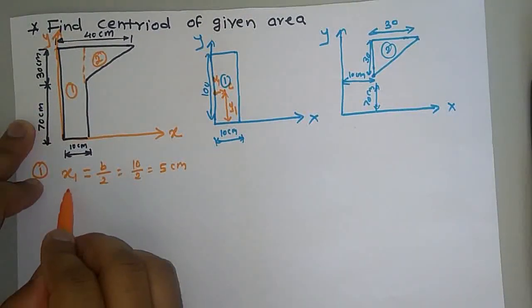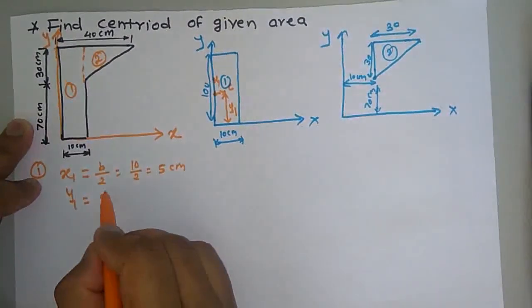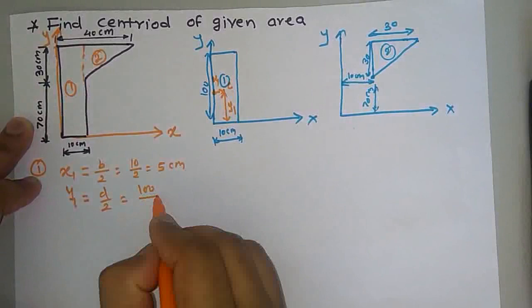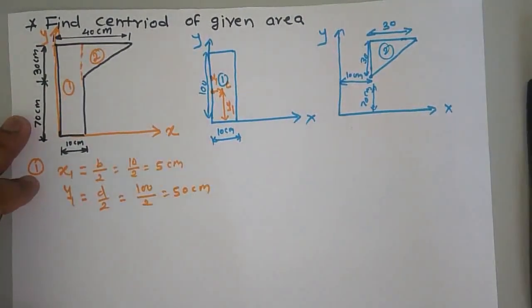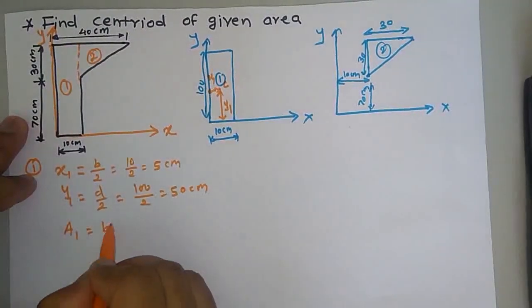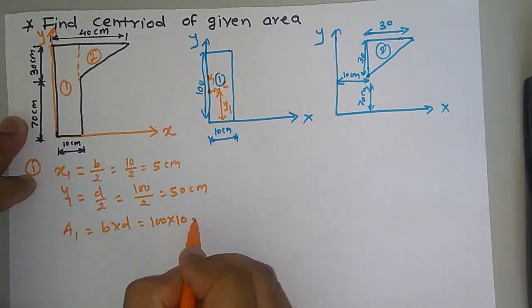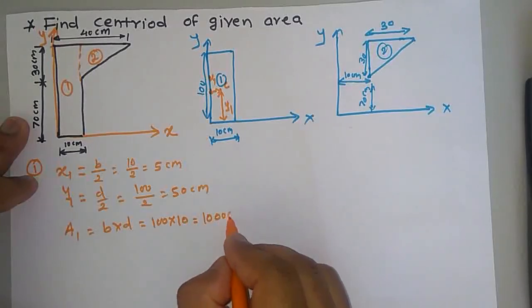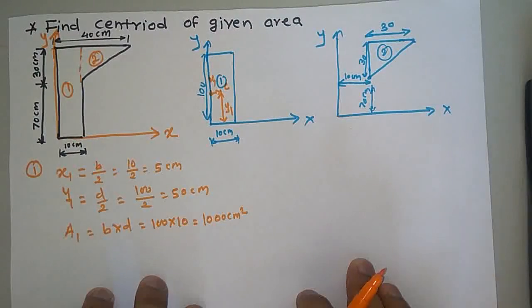Then find y1. So y1 is d by 2. What is d here? 100 divided by 2, it is 50 centimeter. Alright, and then what is the area? It is b into d, that is 100 into 10, which is 1000 centimeters square. So this was about the first part.